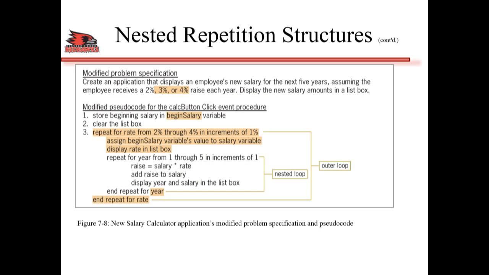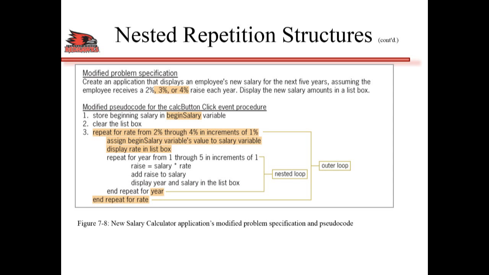Now we are looking at an application similar to the one we did before, just using nested loops here. Sorry, not the financial payment. We had used an application where the user inputs his initial salary, and based on a 2% interest rate, he got an output of what his salary is going to look like over the next 5 years.